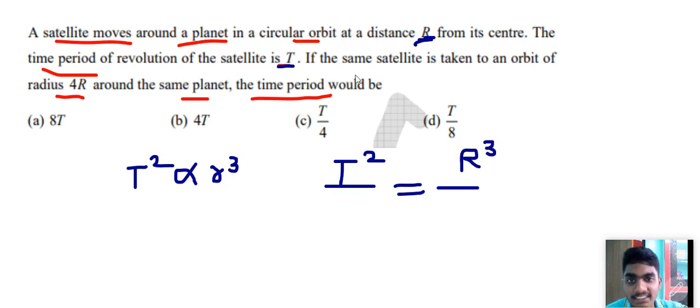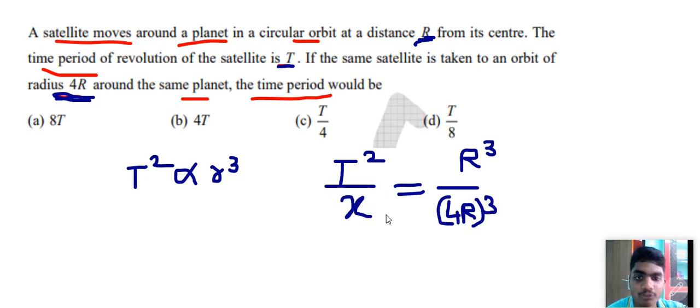In the second condition, the same satellite is taken to an orbit where the radius becomes 4r, so 4r cube, and this is the time period x we have to find right now.